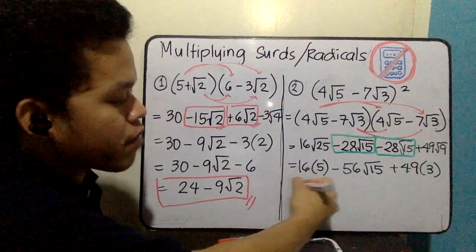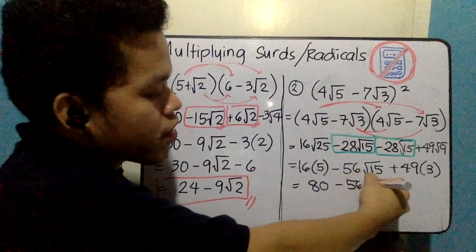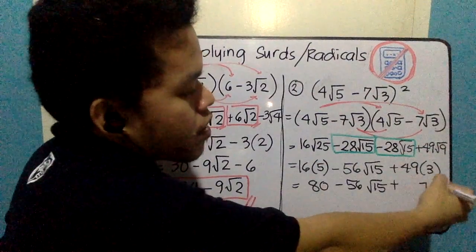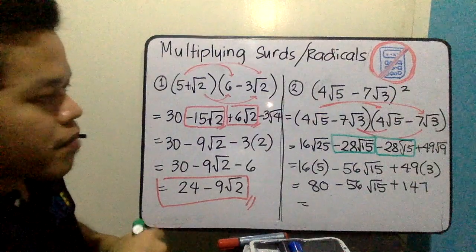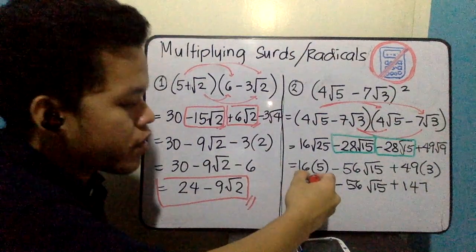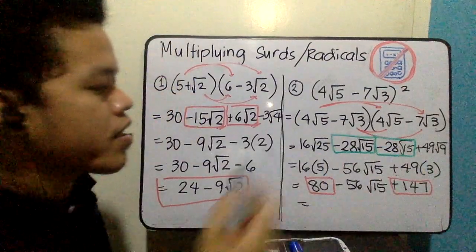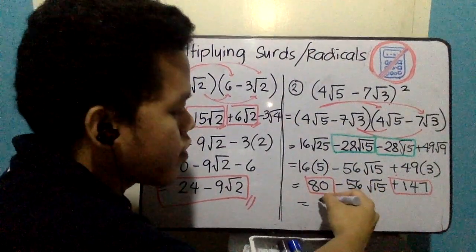16 times 5, that will give you 80, minus 56 square root of 15, and 49 times 3 is equal to 147. We can actually combine similar terms this time, which are the constants. So positive 80 plus 147 will give you 227.